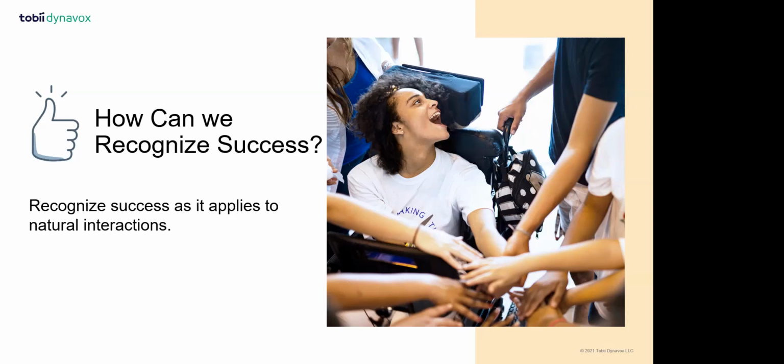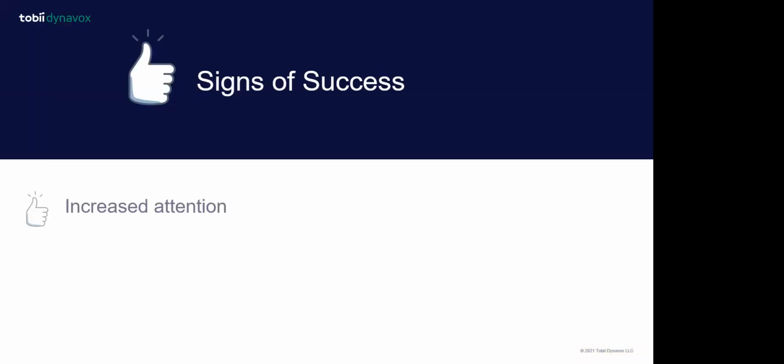We want to recognize success as it applies to those natural interactions and reframe how we define success. It's really hard in this world when we need to meet goals and collect data, right? But what are some other ways that we can attempt to write our goals and collect that information instead of those percentages?